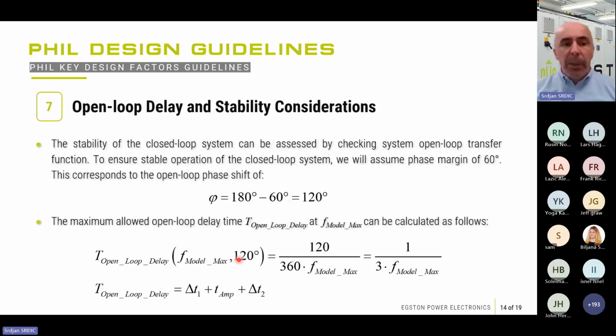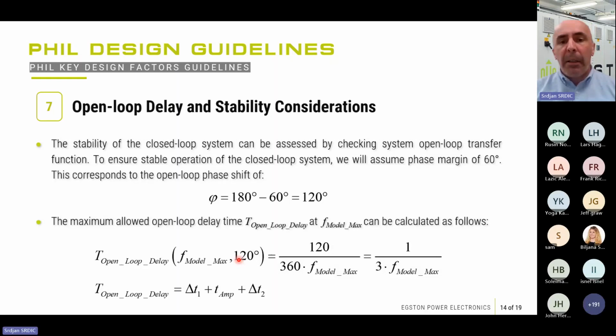Once we know that, we need to figure out the stability of the system. We need to consider what it would take to make our system stable. In order to assess the stability of the system, we can check the system open loop transfer function. If you remember, we are considering a system where the amplifiers are very simplified and represented by a first order system.